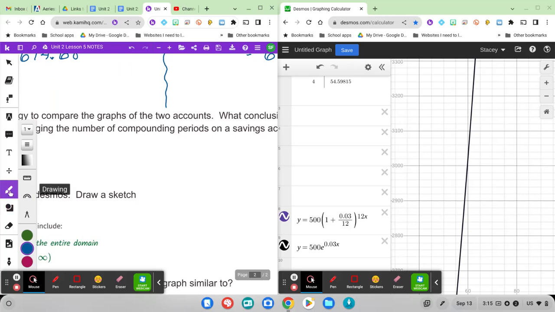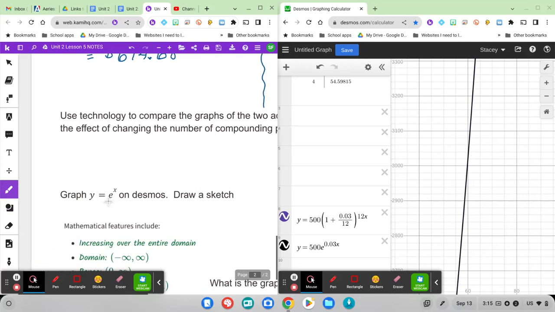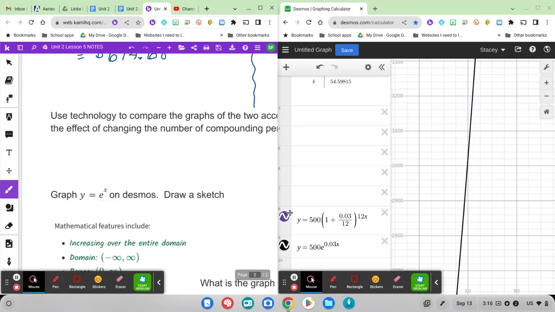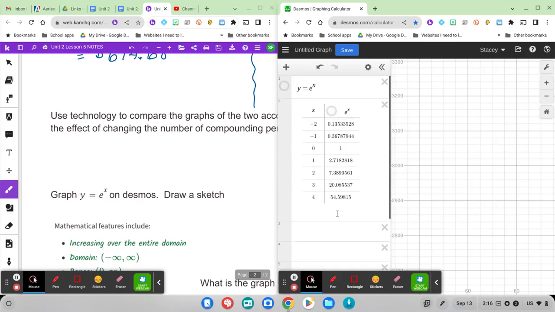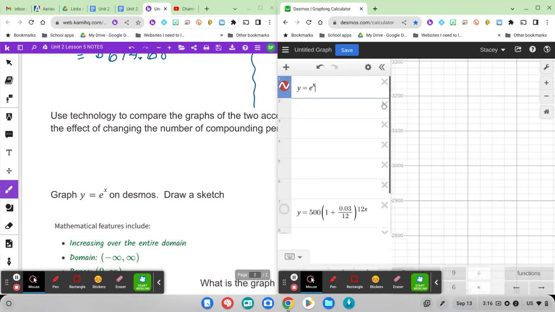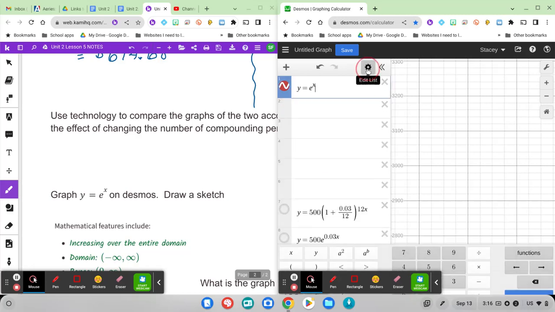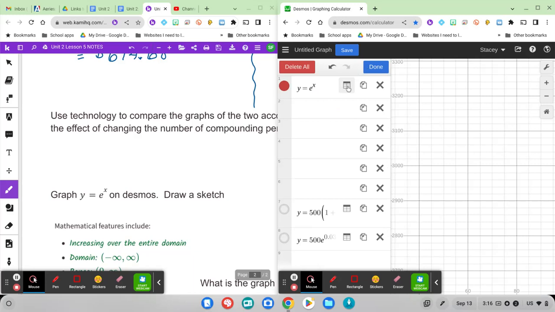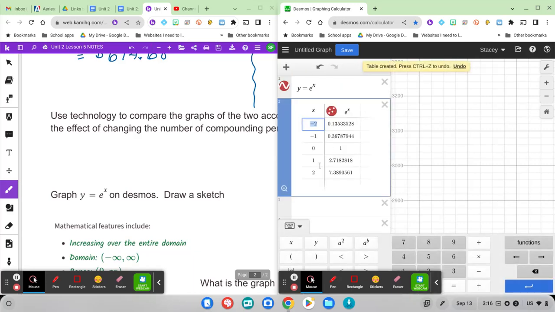Now, the next one we want to do is we're going to graph e to the x on Desmos, and we're going to draw a sketch. Okay, so here we have e to the x on Desmos, and I just like having a little table, makes it a lot easier. So if you ever want to do a table, you go up to the little gear sign, go over to table, and it gives you it.